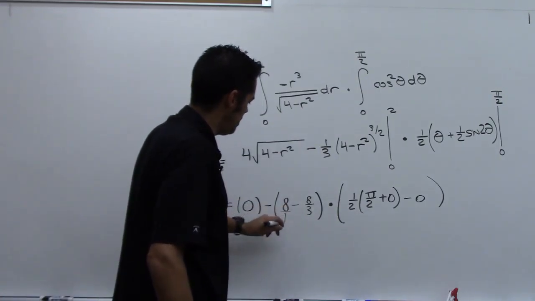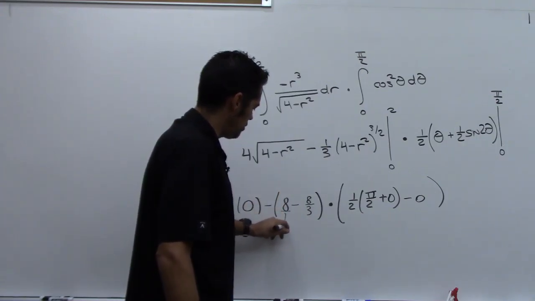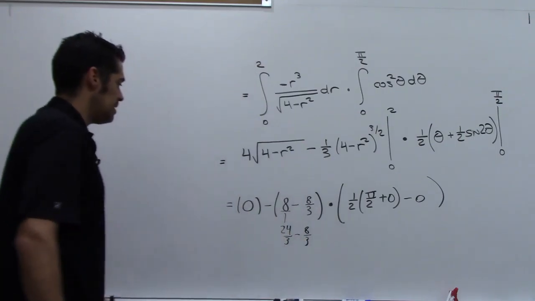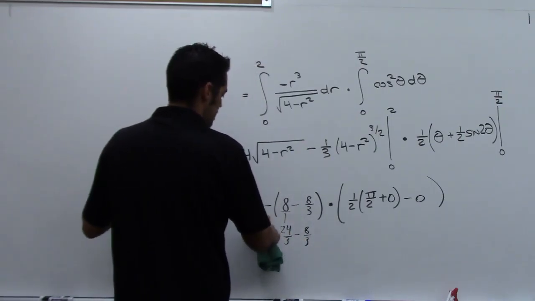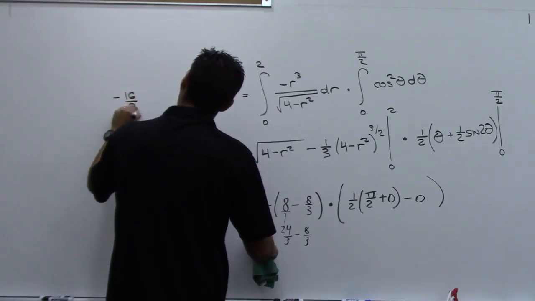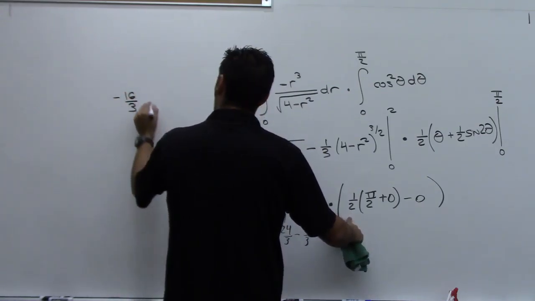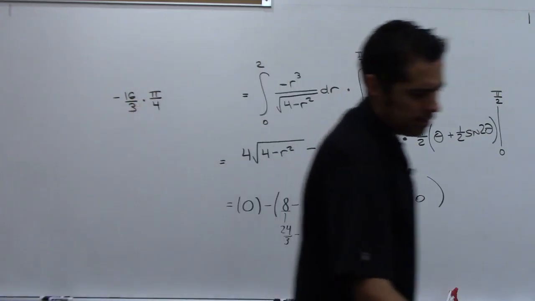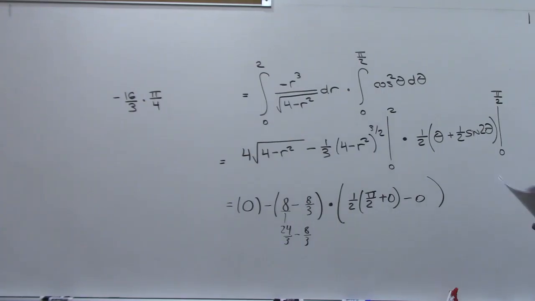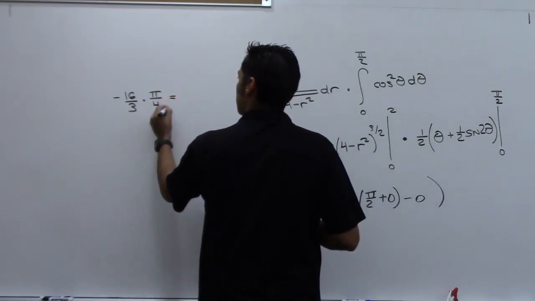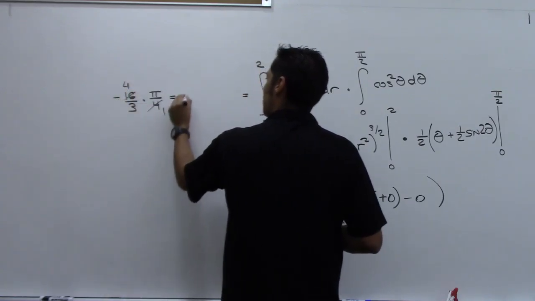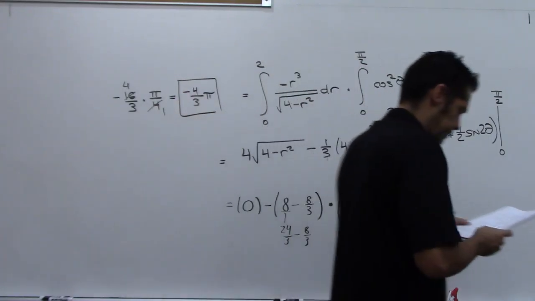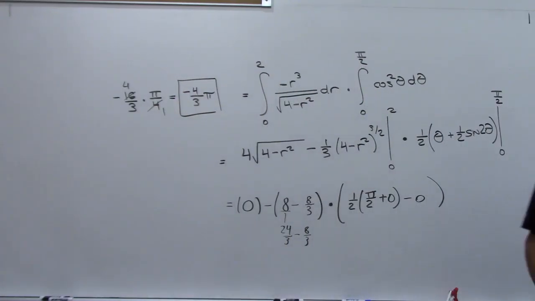Let's get a common denominator here. Multiply top and bottom by 3, so you get 24/3 minus 8/3. Which is going to be 16/3, but it's going to be negative, so negative 16/3. And then over here, this looks like times pi over 4. And that doesn't look right. Let me see. Yeah, but it is. Okay, this 4, so I get negative 4 over 3 pi. Negative 4/3 pi. All right. That was interesting.